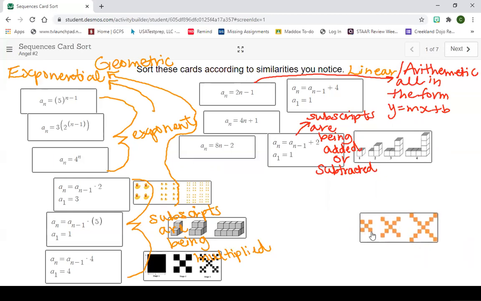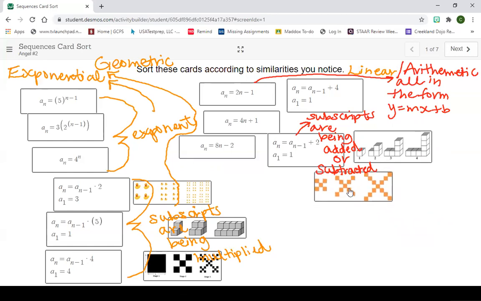This is 5 plus 4, and then plus 4 again. So where does this go? Linear. So in the pictures, if they're being added or subtracted, it's what? Linear. Yeah. And in the pictures, if they're being multiplied, it's exponential or geometric.